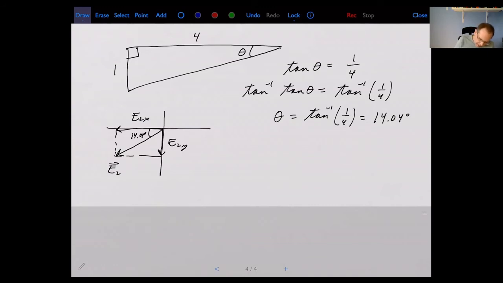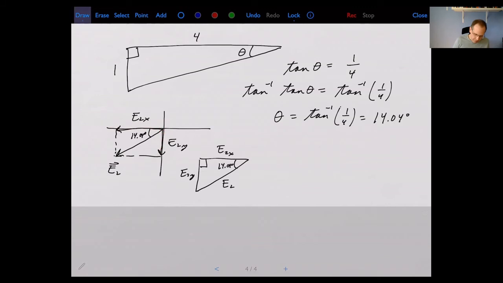So if we extract out this little right triangle here, with this angle 14.04 degrees, this is E2y, this is E2x, and this is the magnitude of E2, which we already know, the hypotenuse, then we can figure out the components. Because the x component is pointing to the left, it's got to be negative, and the y component is pointing down, so it's got to be negative.